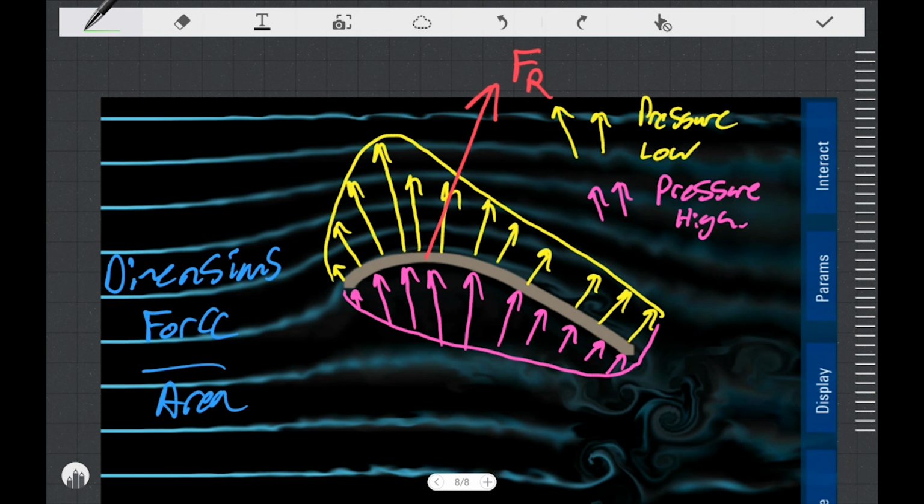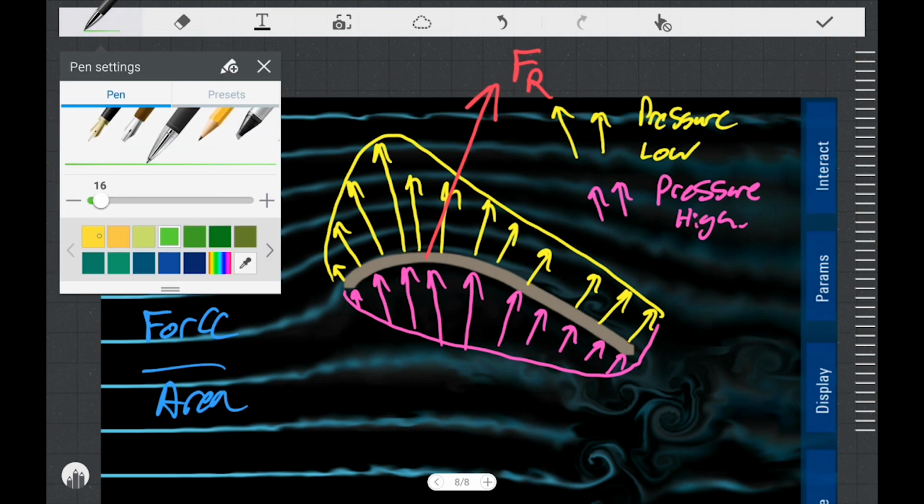Now that resultant force is fine, but in aerodynamics we often talk about two very special forces, and one of them is called the lift force. And the lift force always acts in a special direction, which is perpendicular to the oncoming flow. The other special force that we talk about is the drag force, and the drag force acts in the direction along the flow.